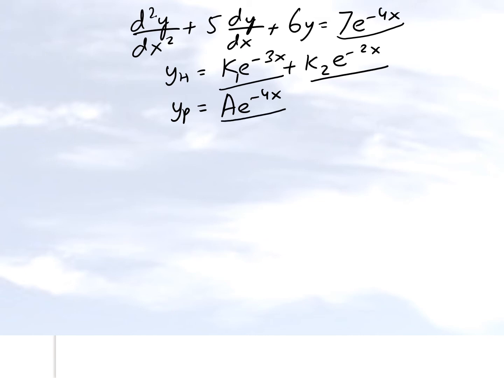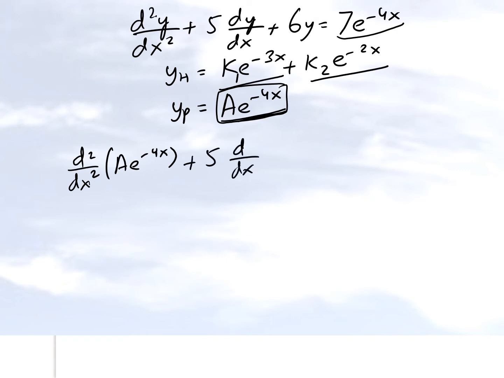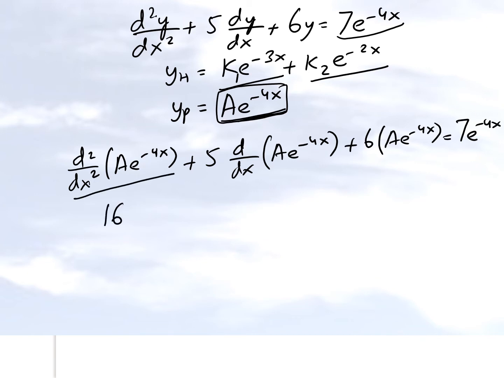So the question now arises: how do we find the value of a in our particular part of the solution? We get the second derivative of a e to the power minus 4x, plus 5 times the first derivative of a e to the power minus 4x, plus 6 a e to the power minus 4x, equal to the forcing function 7 e to the power minus 4x. That's how we want to find the value of a. The second derivative of this is 16a e to the power minus 4x.